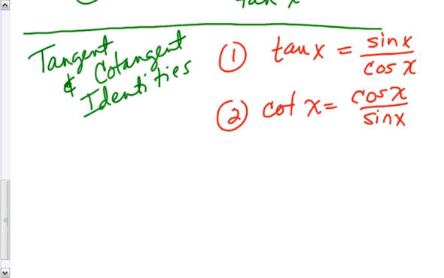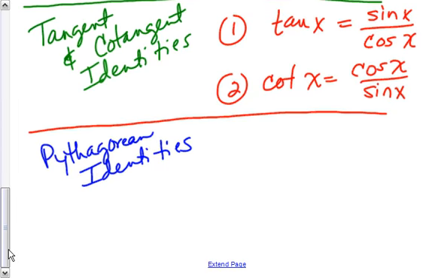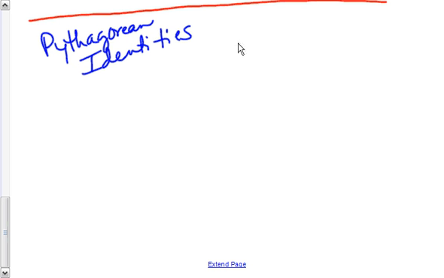We've had some other identities come up, and we're going to expand on them. These are the Pythagorean identities. The first one is the one we've already worked with a little bit.